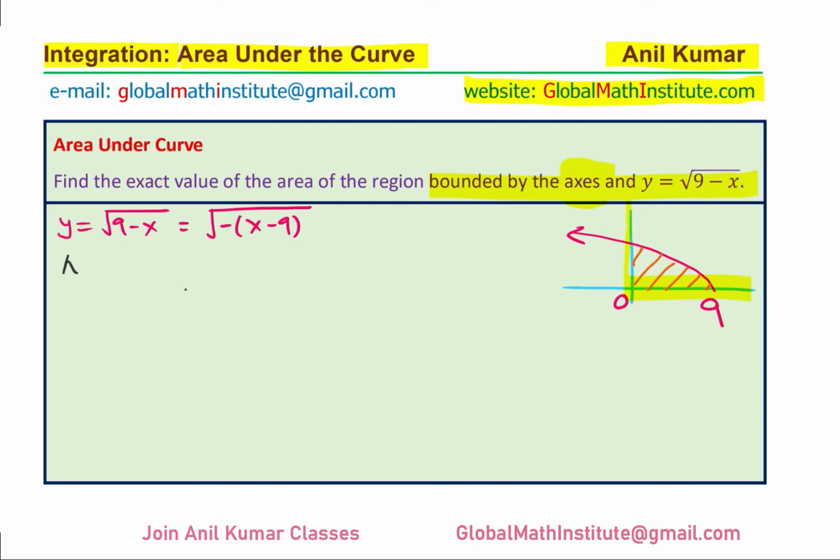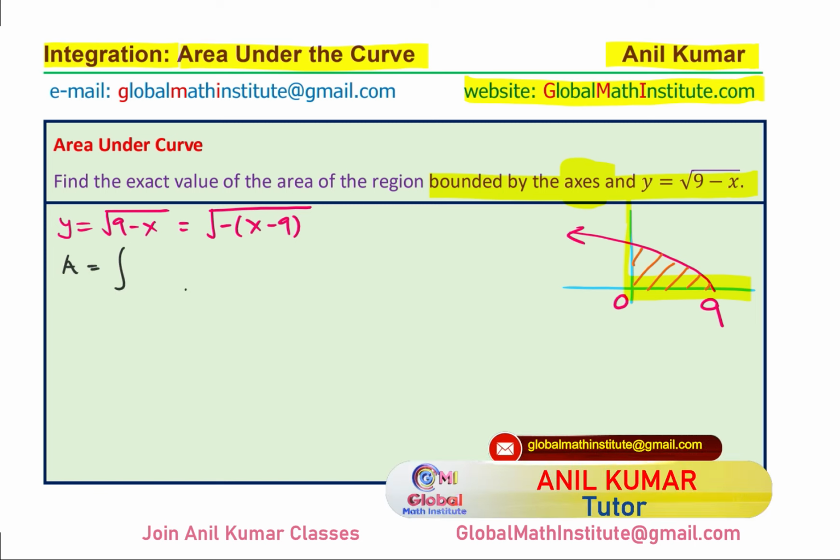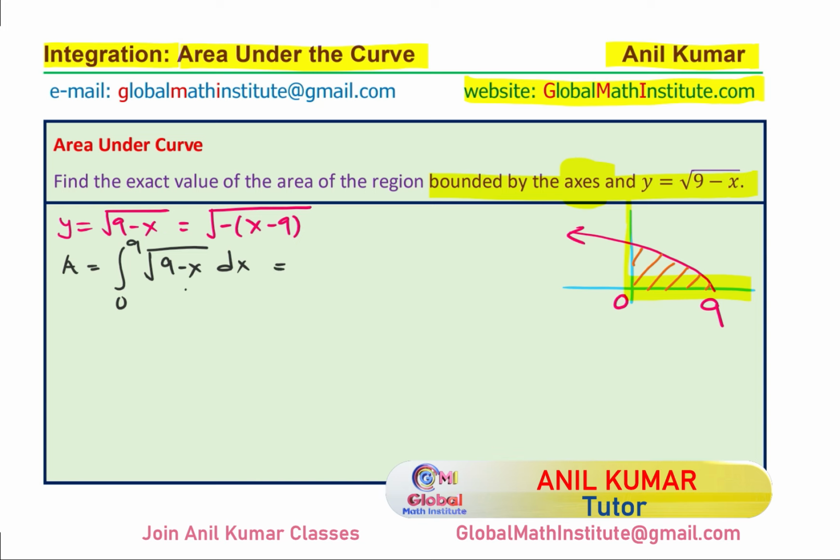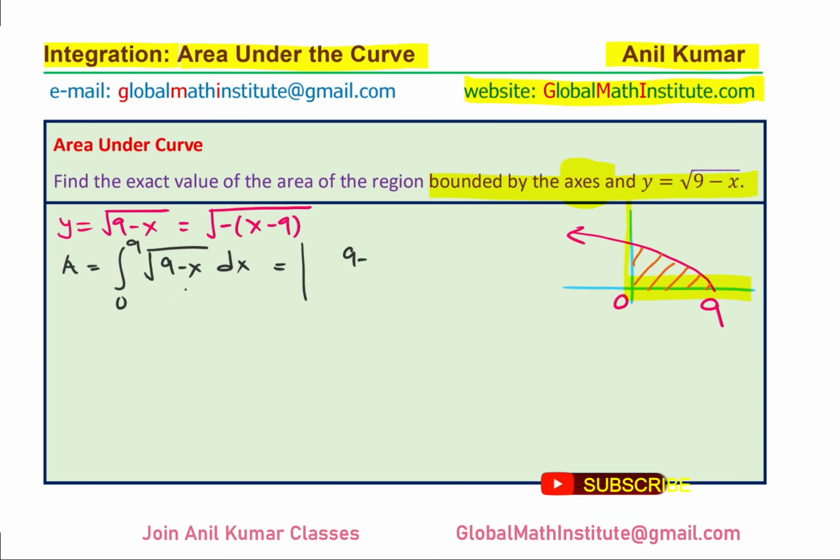Let's find the area, which is from 0 to 9, and the function given to us is square root of 9 minus x dx, right? So the area will be what? Well, this is to the power of half, so we can write this as 9 minus x to the power of half plus 1, which is 3 by 2, over 3 by 2, from 0 to 9.